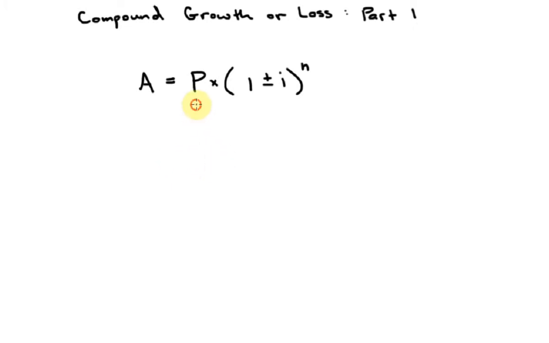This P here is like your starting population or starting amount. The reason it's P is because it's usually a population, but I like starting amount. A over here is the final amount that you end up with.